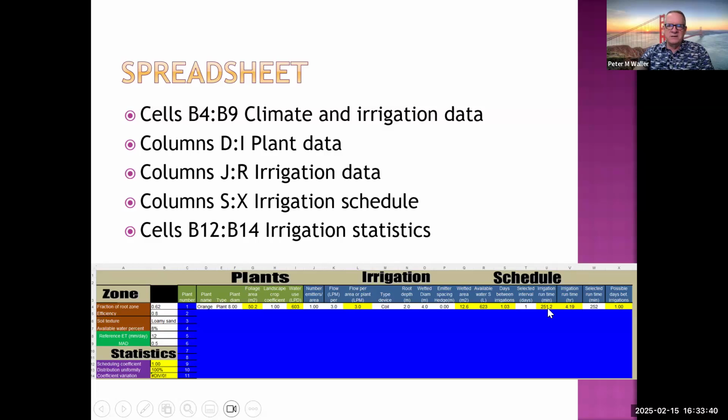And then it calculates an irrigation runtime. And then you can select a different runtime if you want, and then it'll give you a different number of days between irrigations, possibly. So the important thing to remember is you put the information in the white cells, and it does all the calculations in the yellow cells.